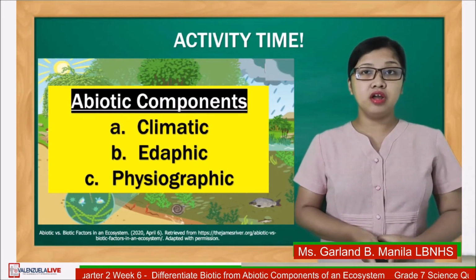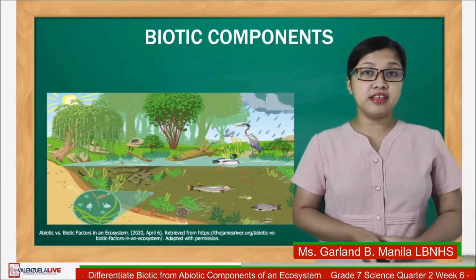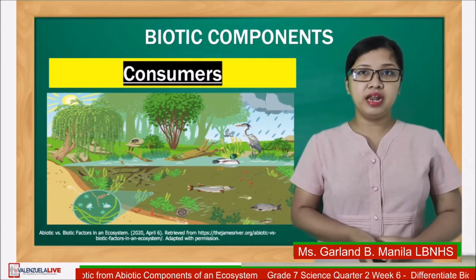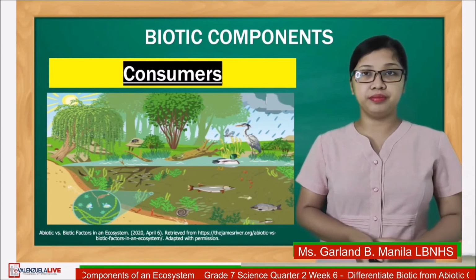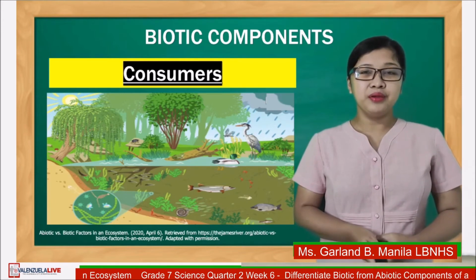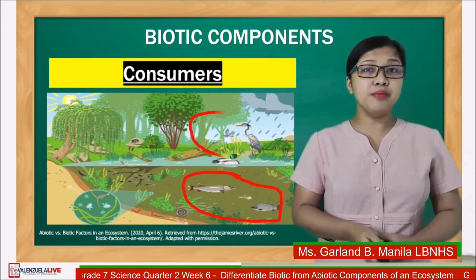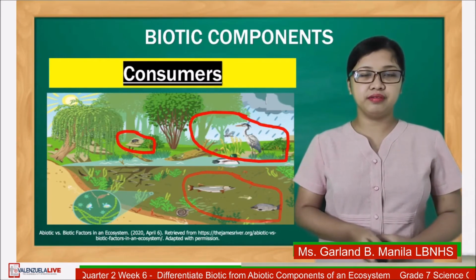We have the consumers. Can you name which biotic organisms are considered as consumers in this picture? I will give you 5 seconds to type your answer in the comment section. Great! We have fish, birds, and insects. How about the producers? 5 seconds to type your answer.